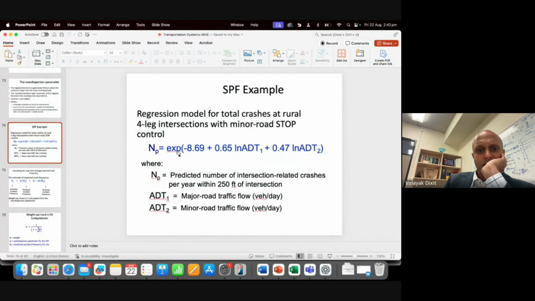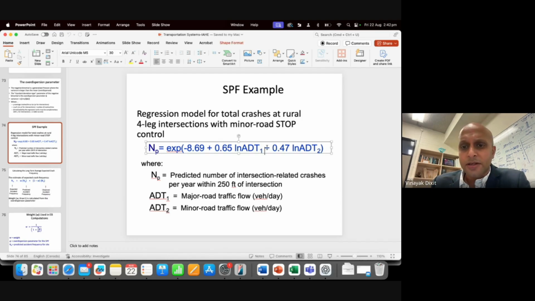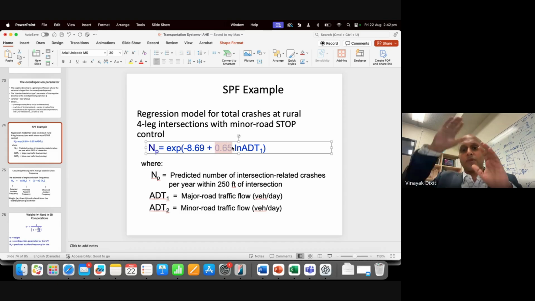So the number of crashes is an exponent of some constant plus 0.65 log of ADT. Usually, if you have a simple highway, you'll only have one ADT. It can be ADT or AADT. So you generally use one. Based on that, this would be your safety performance function, which is nothing but equal to ADT raised to power 0.65.